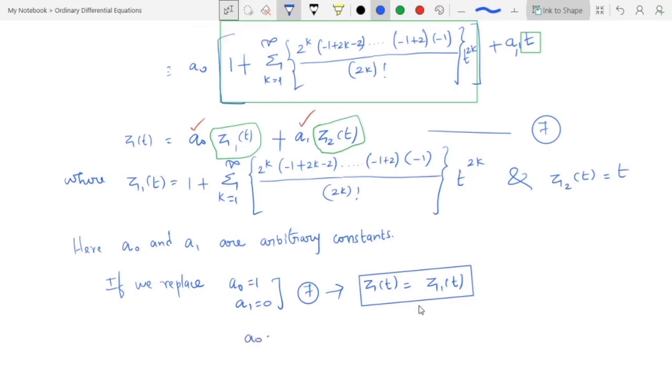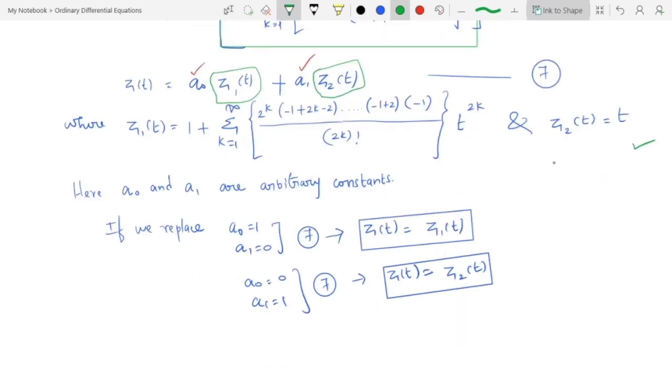If a0 is equal to 0 and a1 is equal to 1, equation 7 becomes z of t is equal to, replace a0 by 0, 0 into anything is 0, second term a1 is 1, 1 into z2 of t, that is z2 of t. Hence, we have derived the power series solution around an ordinary point for the given Hermite equation.